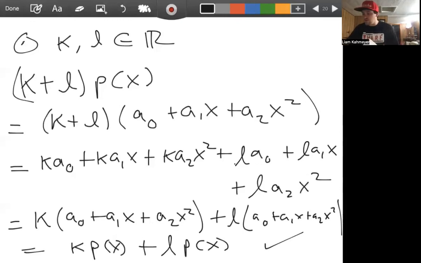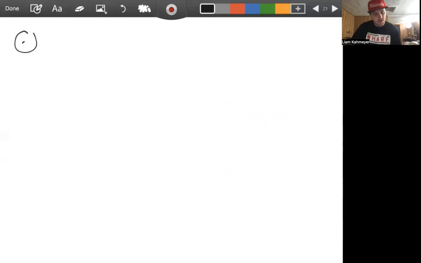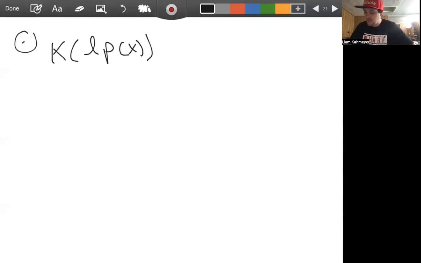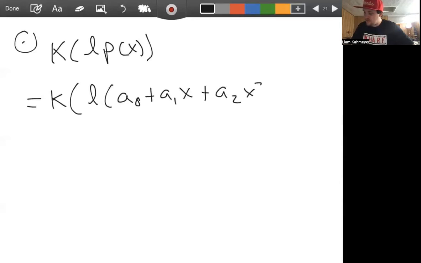We need to show associativity, right? We need to show that if you have k times L of p of x, hopefully we can show that this is associative. So this is k times L times a naught plus a1x plus a2x squared.